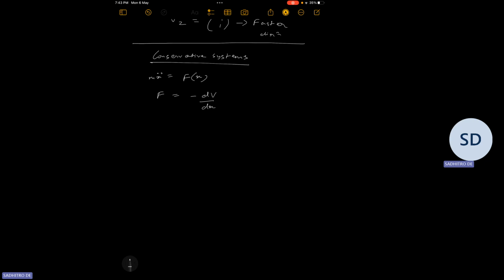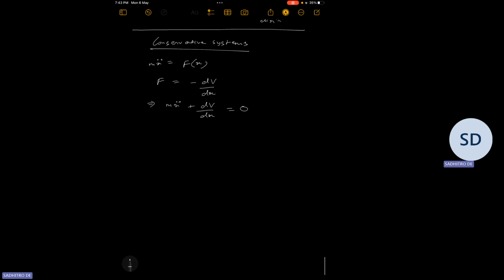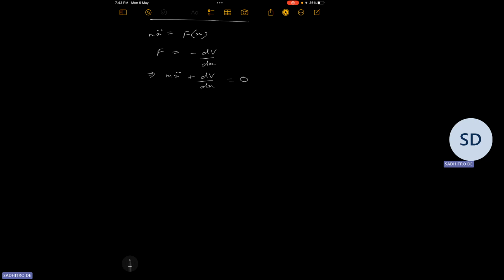Then we have m x double dot plus dV/dx equals 0. So this is an example of a conservative system where capital V is the potential energy of the system.